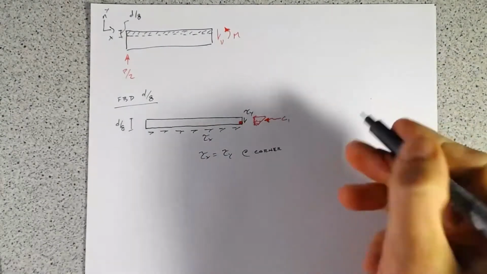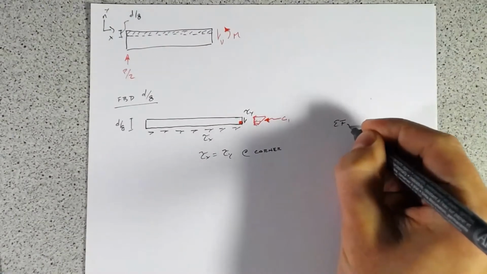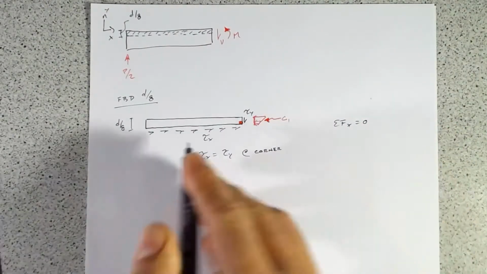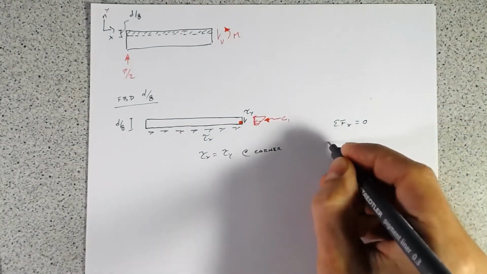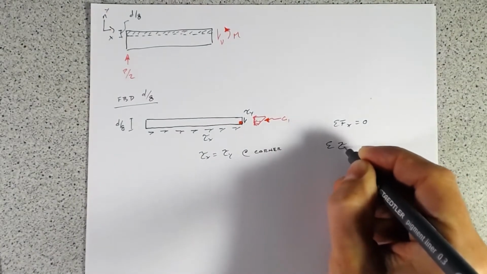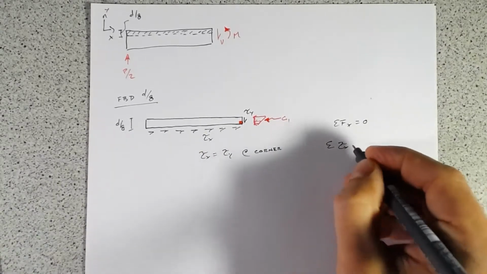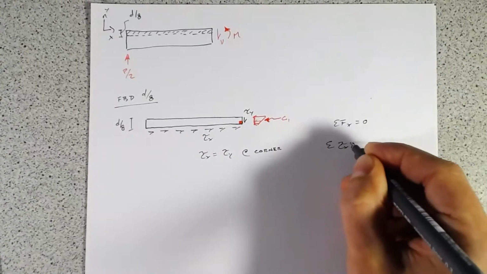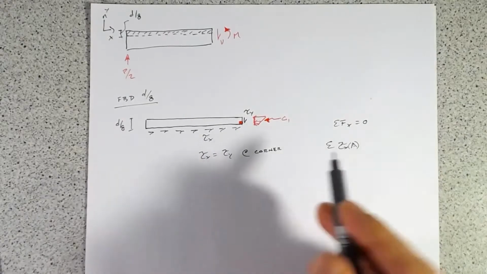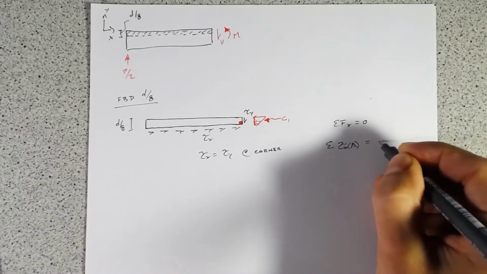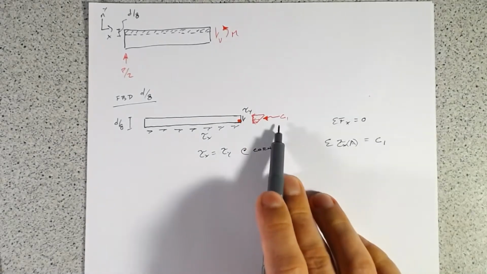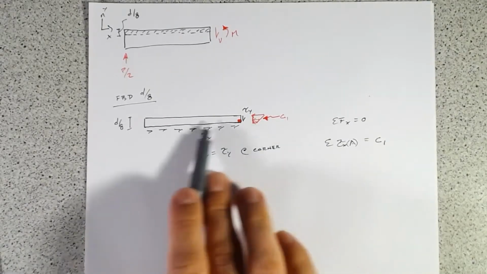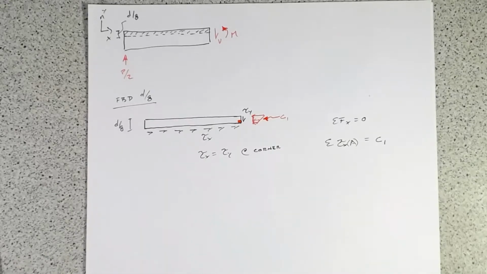If we sum the forces in the x direction, that equals 0. The sum of all of this shear stress, tau x, over this area, which we'll call A, has to equal C1, this resultant force. So this force has to equal this force by definition for equilibrium.